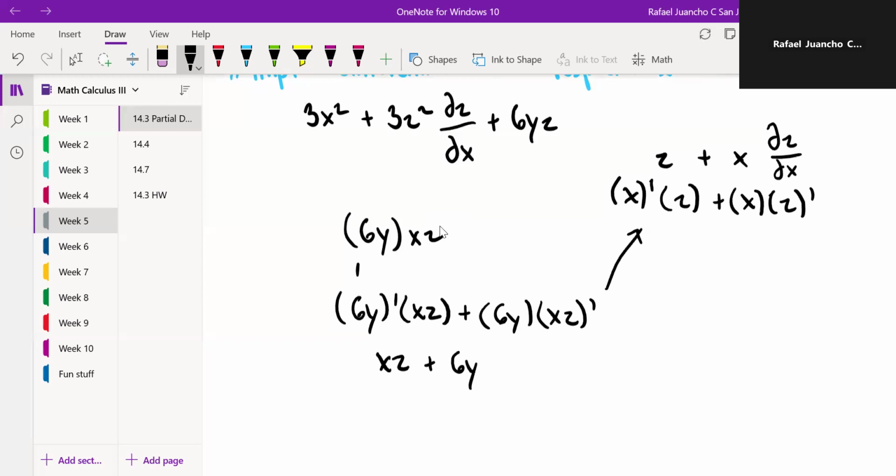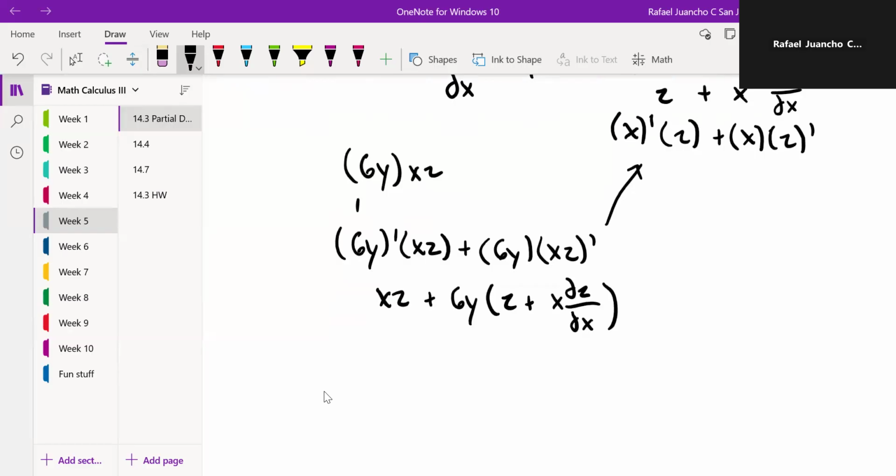And so here I basically have this, that's partial, right?